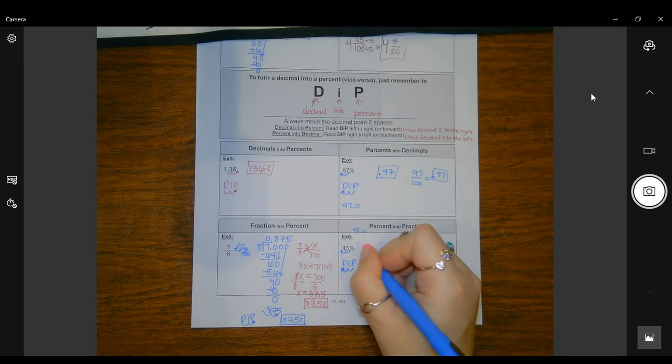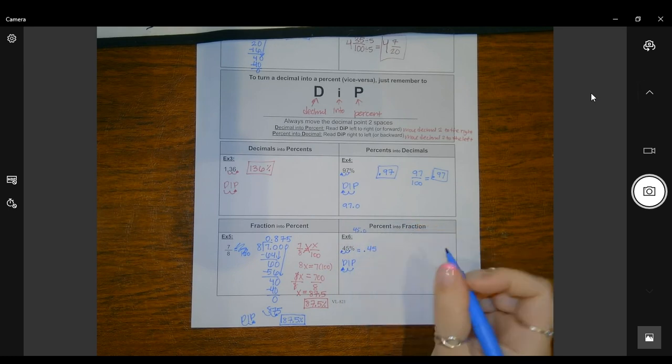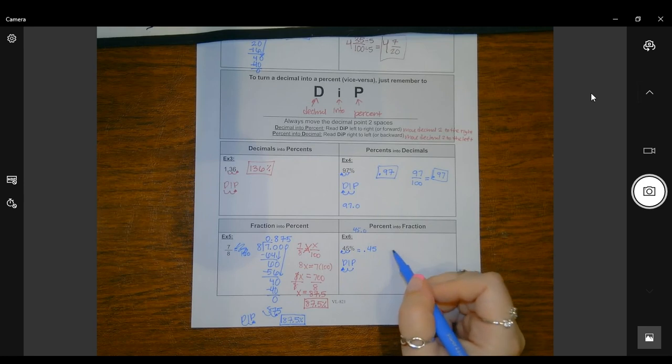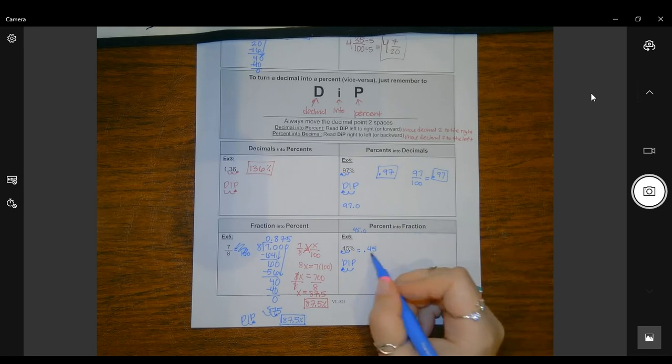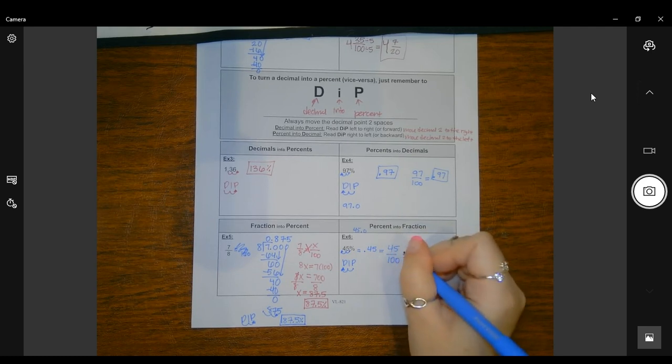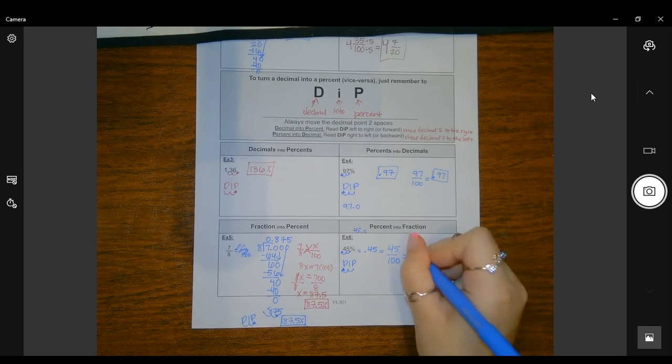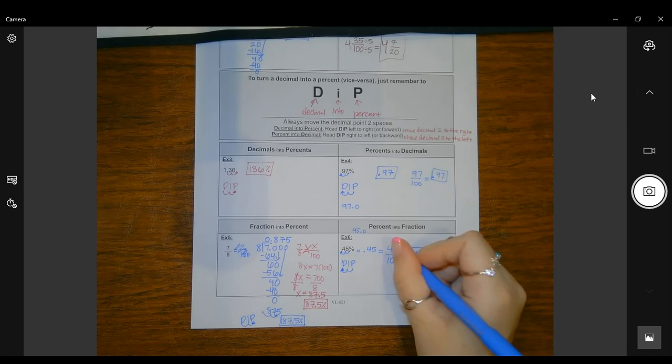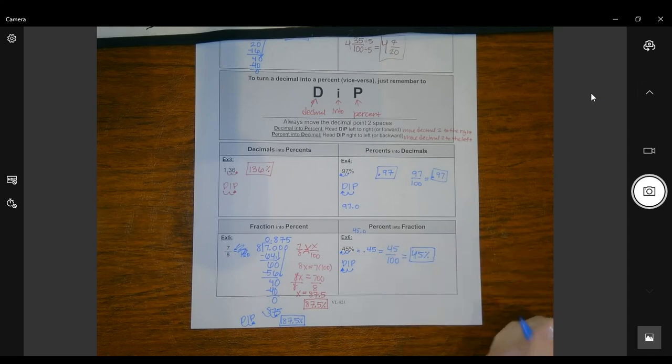So 2 to the left puts us at 0.45. And you're like, great, I have it as a decimal, but it wants it to become a fraction. Well, 0.45 is 45 hundredths. And 45 hundredths is 45%, because any number over 100 is a percent. And there you go, you have it.